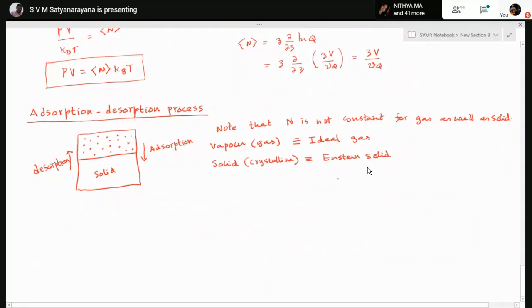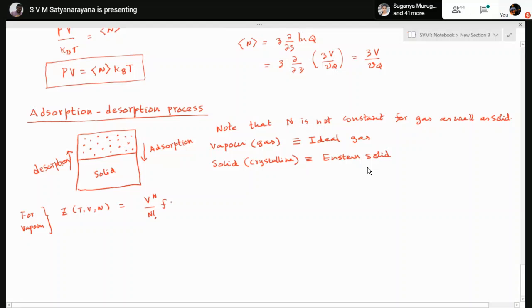So for the ideal gas case, we have already just now done this calculation. So let me say that the grand canonical partition function of P, and N, this is for gas or vapor. This we have already done. That is V to the power N divided by factorial N. Now, just to tell you that the Vq to the power N is the one that depends on the temperature.